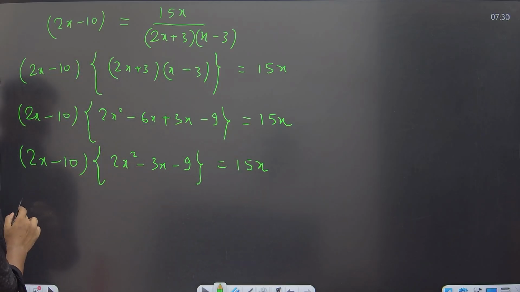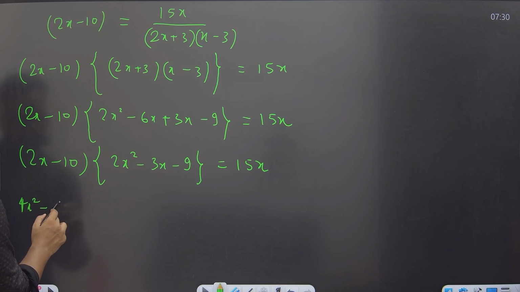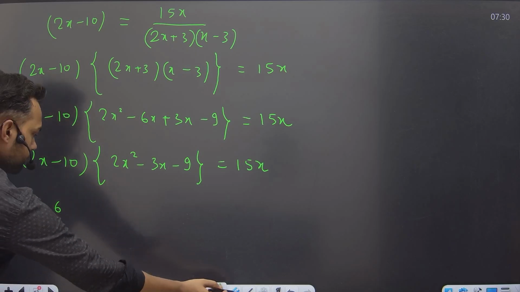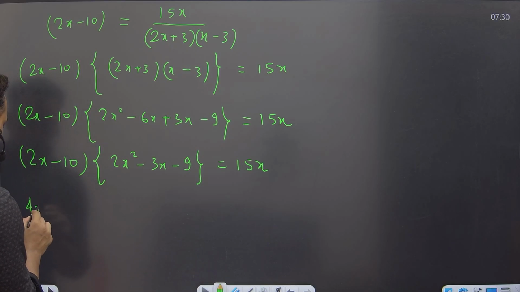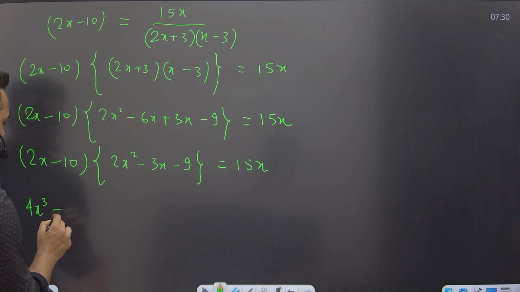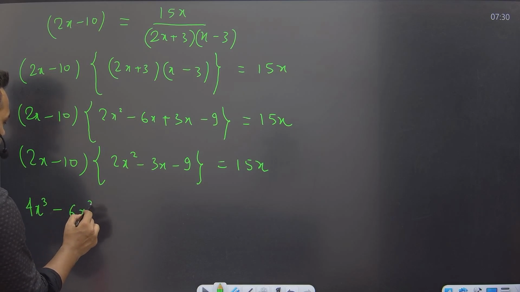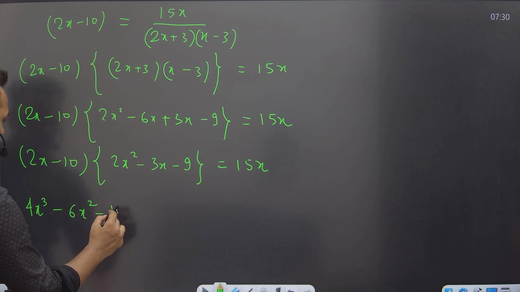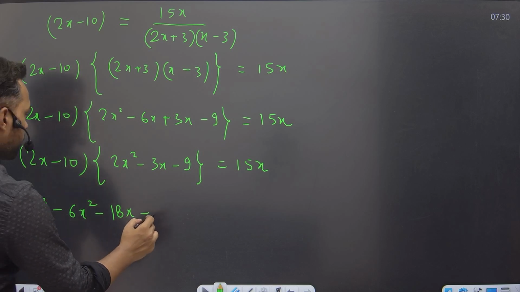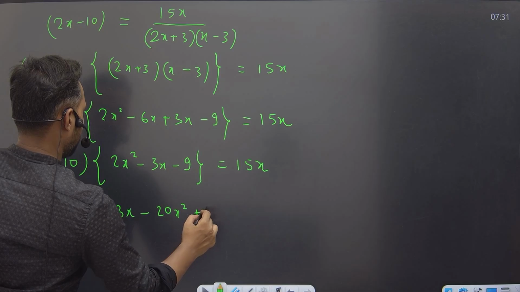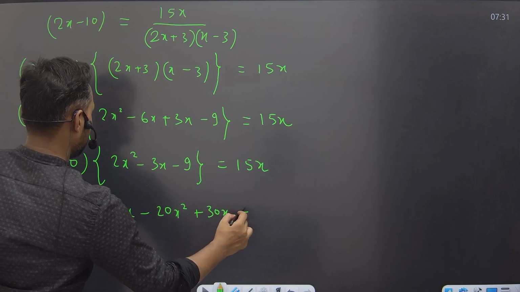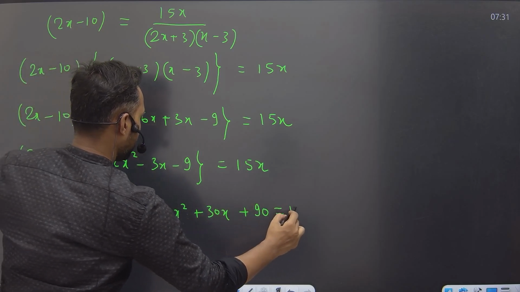So what you will get: 4x cube, students, sorry, 4x cube negative of 6x square negative of 18x negative of 20x square plus 30x plus 90 will be equal to 15x.